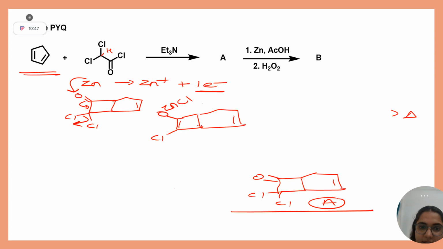Till this point, clear that zinc has given one electron to oxygen. The oxygen lone pair, this pi bond will break and knock off one chlorine, right? Now it is in enolate form, and your acetic acid is also there. So it will come back, and this position will be protonated in presence of acid. And what will you get? Double bond, O, Cl.